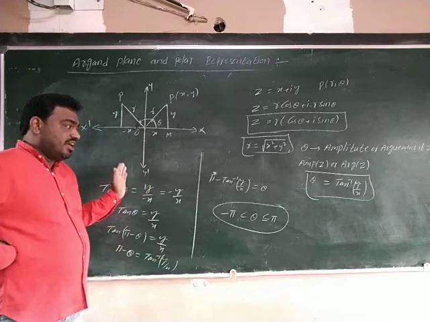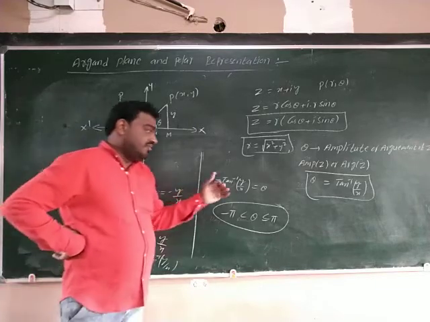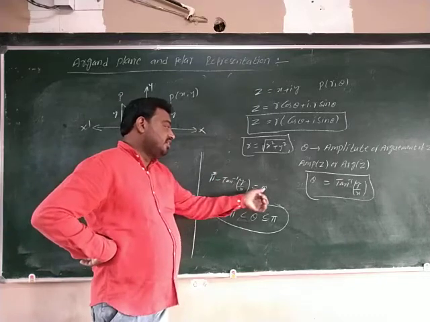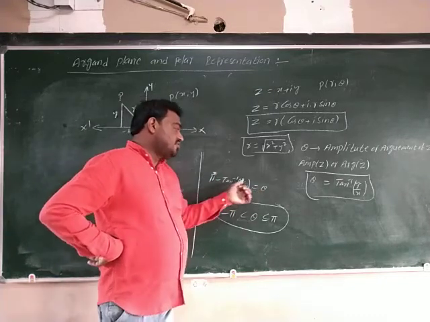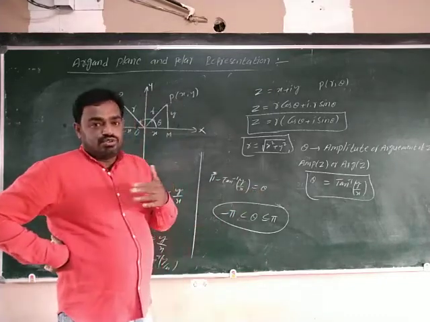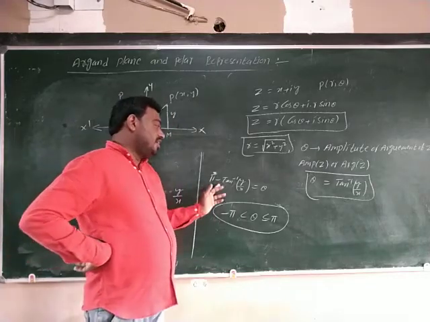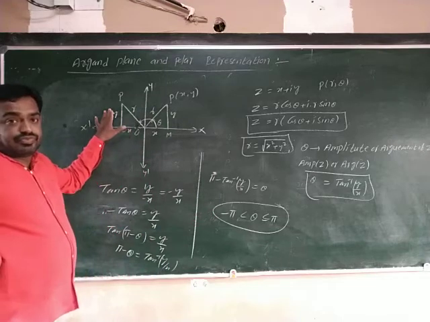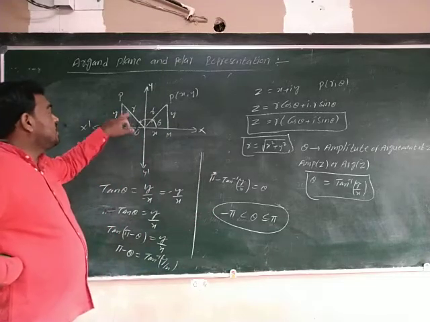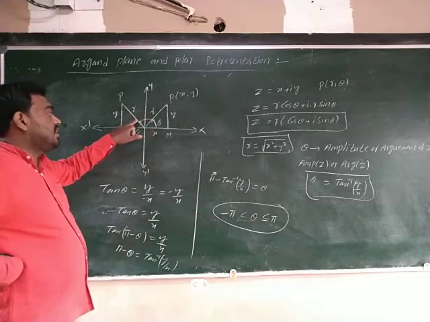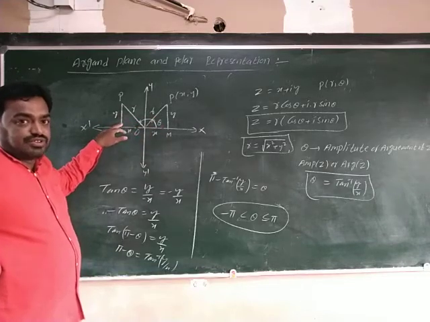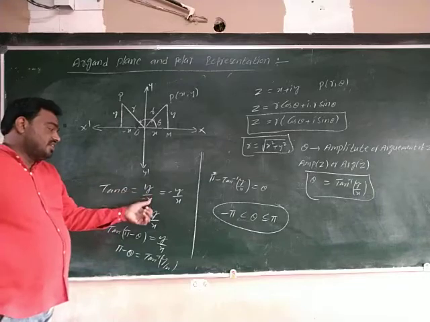Just for an idea, if the complex number is in the second quadrant, we write theta equal to pi minus tan inverse of y by x. You may get a doubt: why are we writing pi minus tan inverse of y by x? That I proved here. If it is in the second quadrant, the complete angle is above 90, and tan theta is minus y by x.